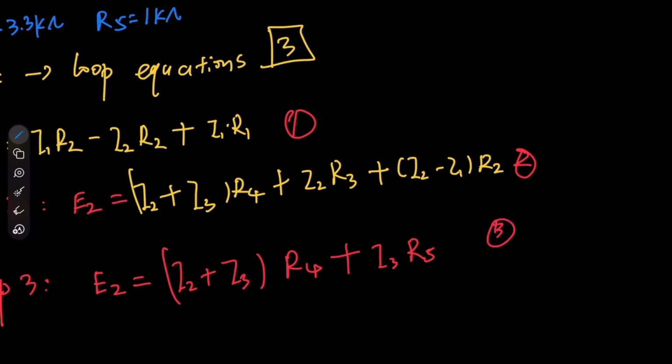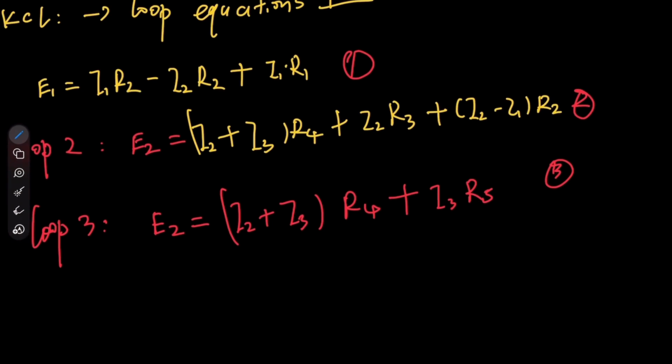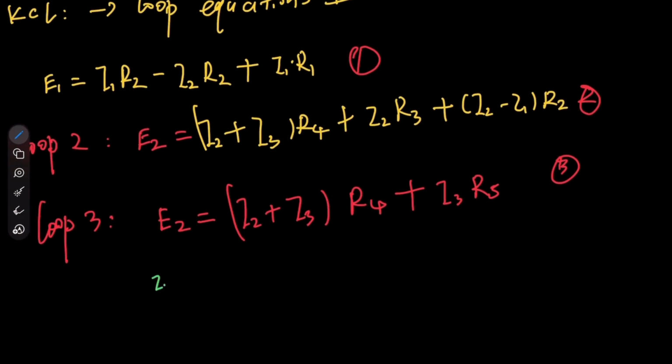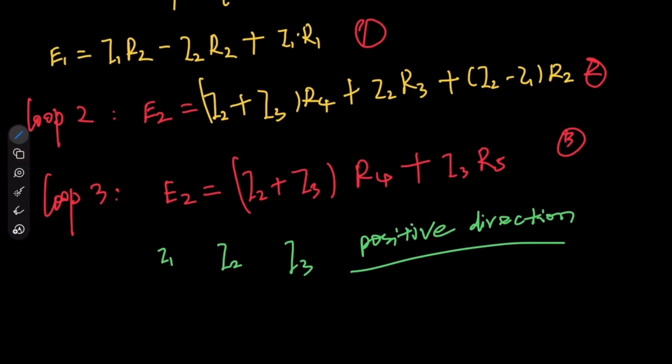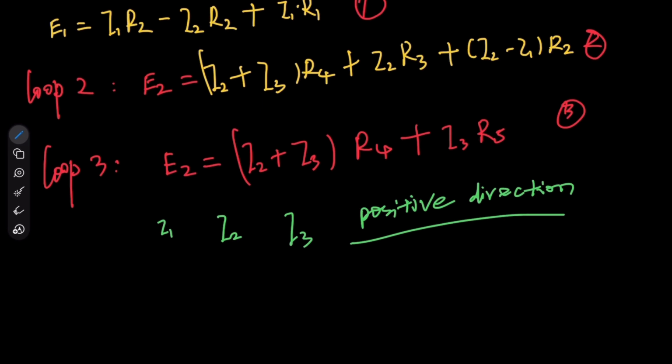So this is our third equation. Now we have three unknowns, which are I1, I2, I3, and we also defined the positive direction. So now we just need to plug in the numbers and solve the equations. We can find I1, I2, and I3.